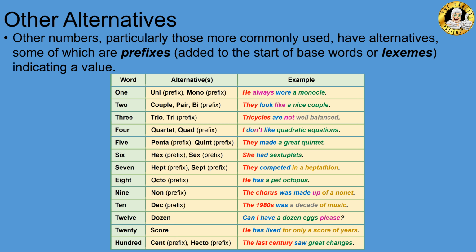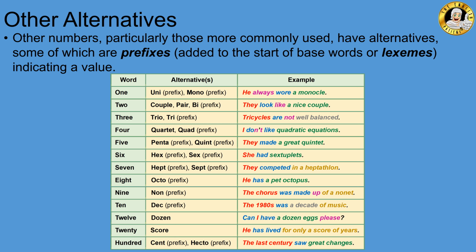That means there would be 7 events in this athletics competition. For 8, octo is a prefix. For example, he has a pet octopus, a sea creature with 8 tentacles. 9, non is a prefix. The chorus was made up of a nonette, so there were 9 singers in that group.